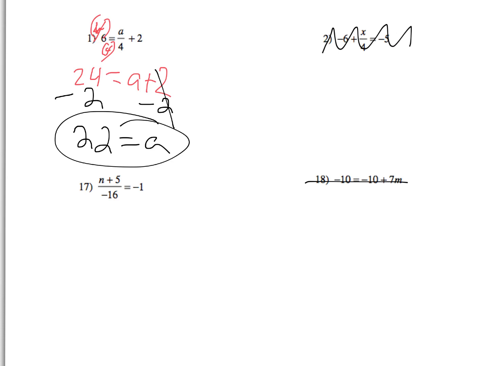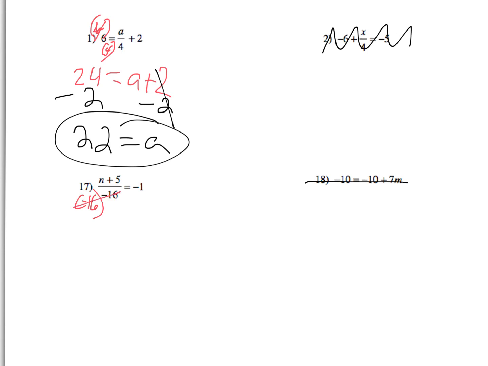Now, this next one's a little trickier. So, it involves a few more steps. So, first thing we do is we see that division is being done. So we're going to know we have to multiply that negative 16 by itself. So we would do negative 16 here, that is gone.